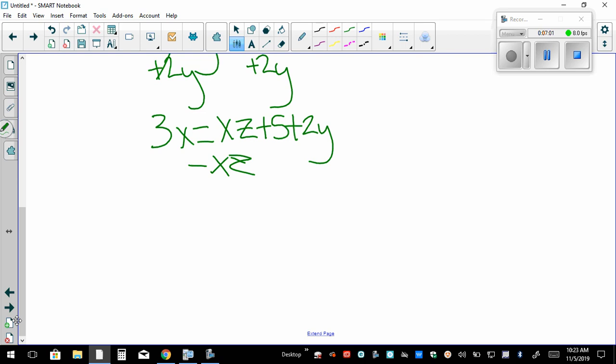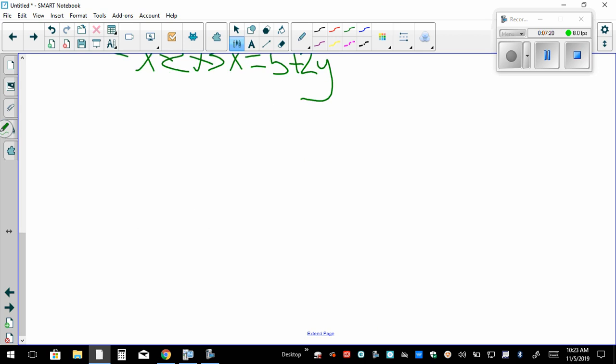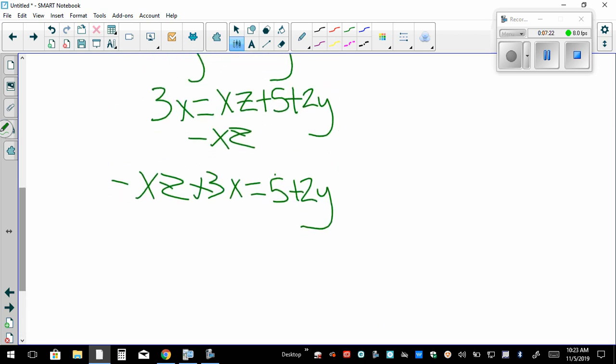Then you're left with negative xz plus 3x equals 5 plus 2y. This is what you're left with.